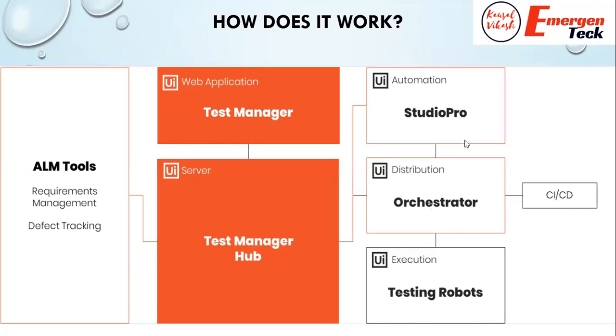Here, Studio, Orchestrator and Robots are connected with Test Manager along with the Test Manager hub, and it can be connected to any ALM tools. We have a lot of ALM tools available in the market, for example Jira, which can be used for requirement management and defect tracking. Such tools can also be integrated with UiPath Test Manager easily.